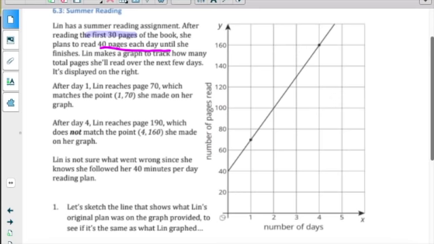So number 1 down here says, let's sketch the line that shows what Lynn's original plan was on the graph provided to see if it's the same as what Lynn graphed. So let's try and figure out where the mistake is. Looking back, it says Lynn has a summer reading assignment. After reading the first 30 pages, she plans to read 40 pages each day. So she's not starting her 40 pages until after she's read the first 30. So it's going to go up by 40. That's our rate of change.